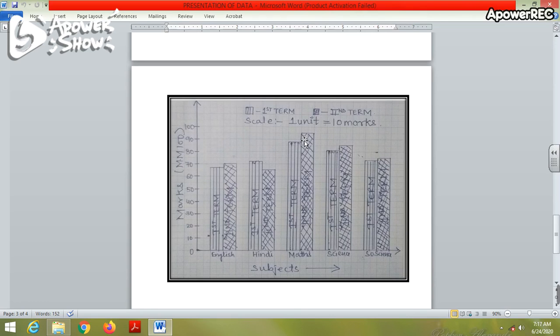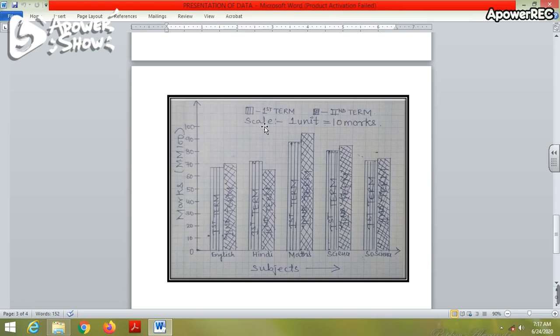Or if you don't want to use color, you can simply draw some designs. Here the bars of this type, with horizontal lines, represent the information of first term, and the bars of this type, with vertical lines, represent the information of second term.